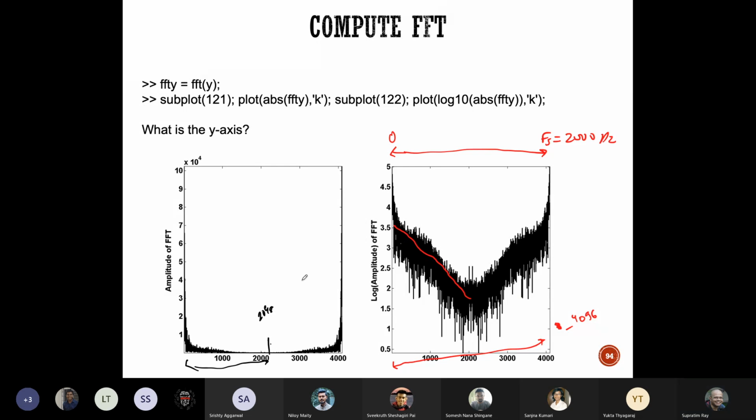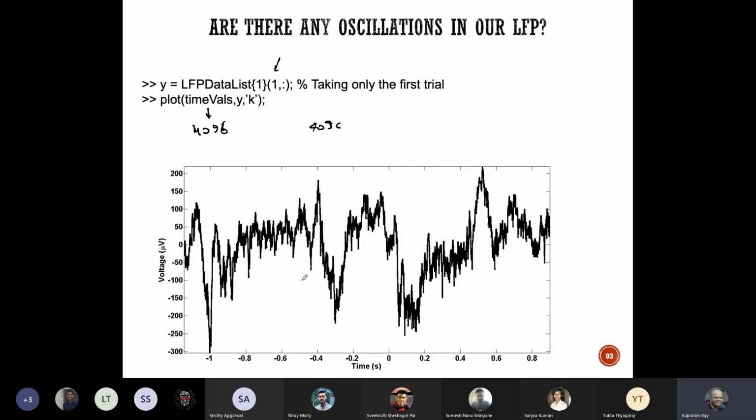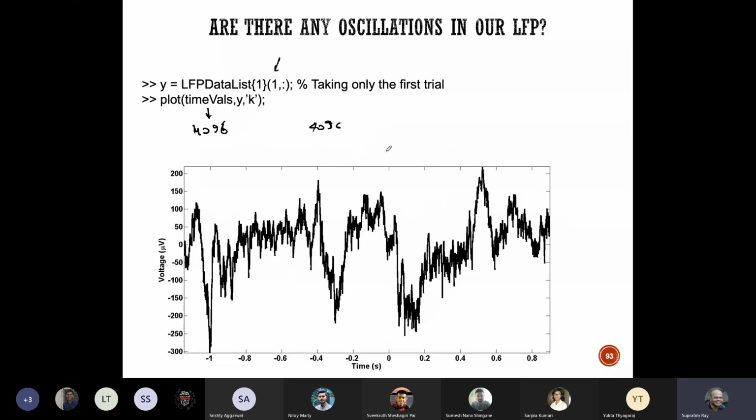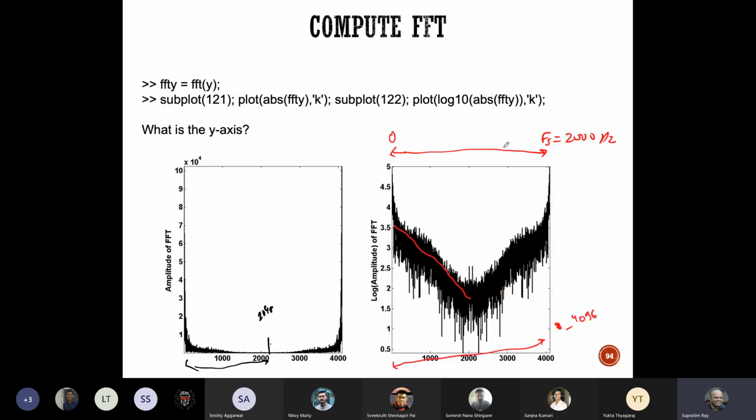The DFT is just a number between 0 and N minus 1 or 1 to N. But what that N means in terms of actual frequency has to be provided to you. So here the sampling frequency is 2000 Hertz, which I have to tell you. Otherwise, you can't find out.